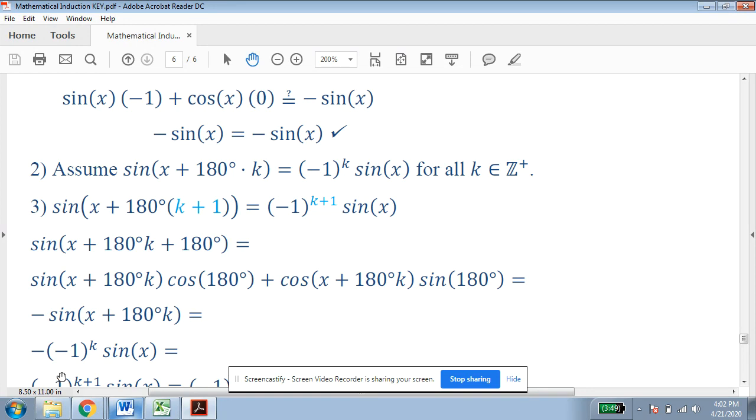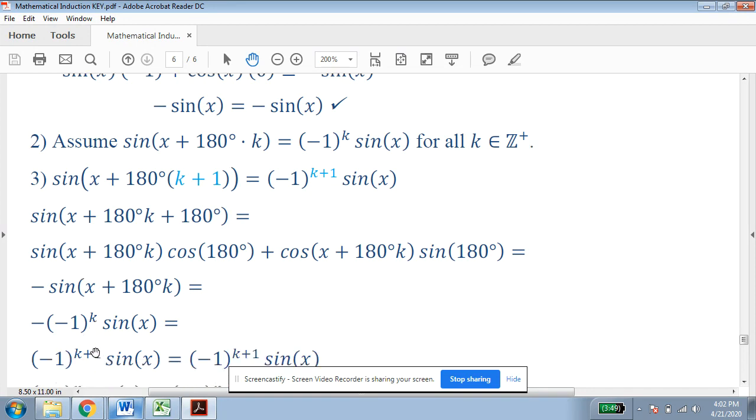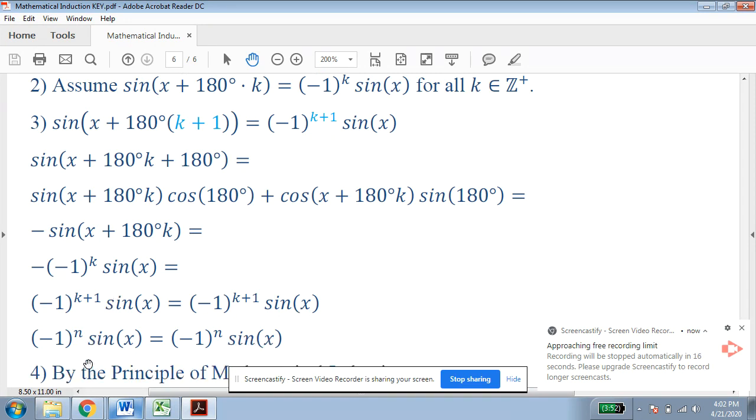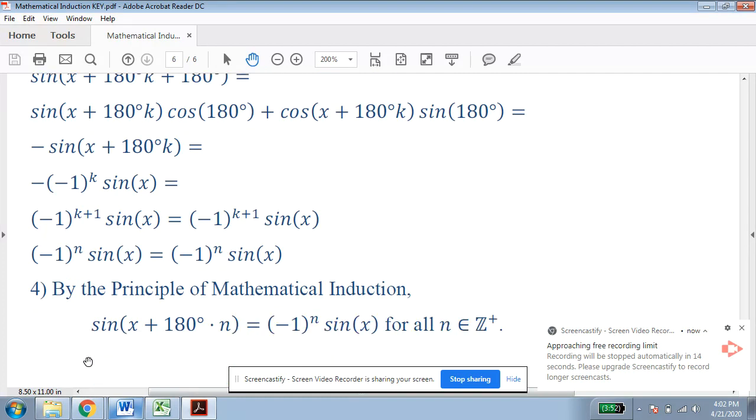Negative times a -1 to the k power is basically multiplying by one extra base. So that's the same as -1 to the k plus 1 power times my sine. So now the left side does equal what the right side originally was, so I can replace my k plus 1s with n's. If it's true for n equals k and n equals k plus 1, then by the principle of mathematical induction, my statement is true for all positive integers n.